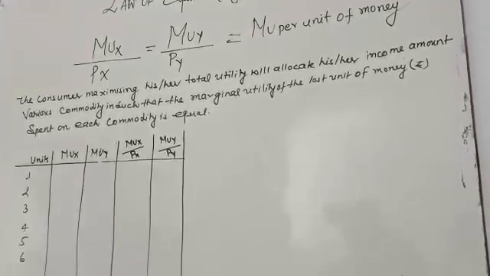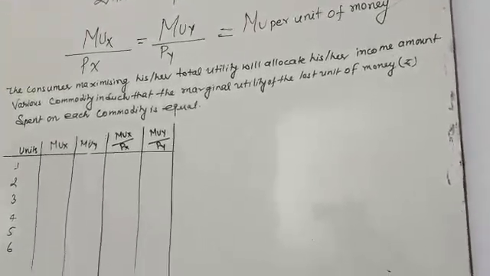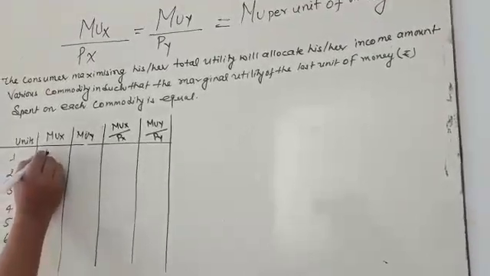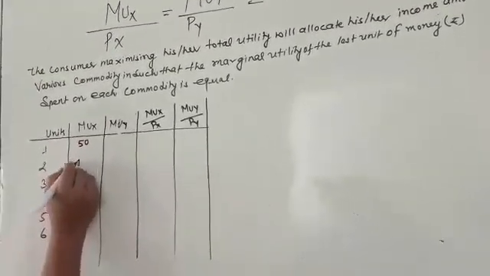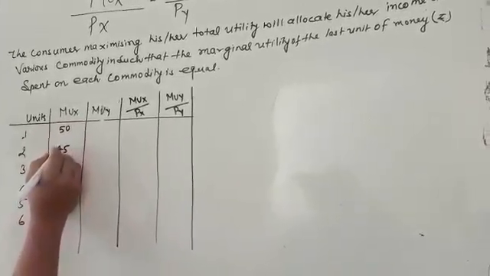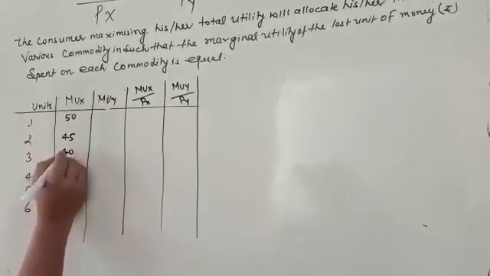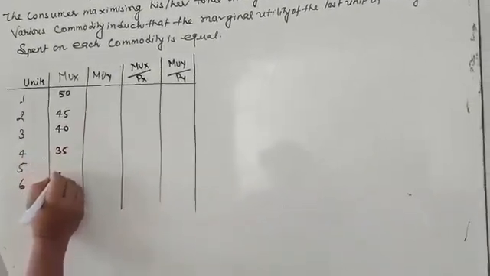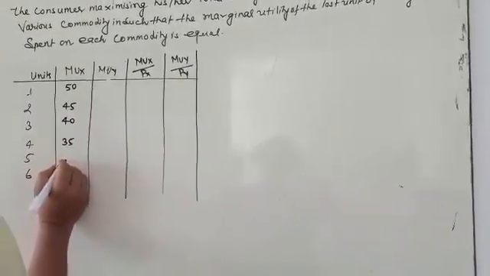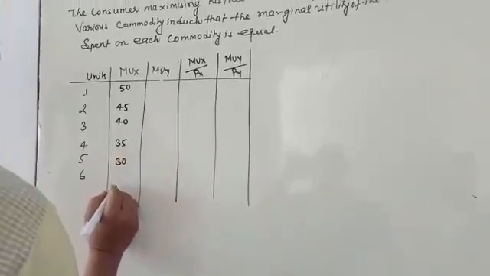Here it is a situation where the consumer is going to spend some amount. Suppose he is going to spend 50. So for one commodity, MUX is equal to 50, 45, 40, 35, 30 and 25.